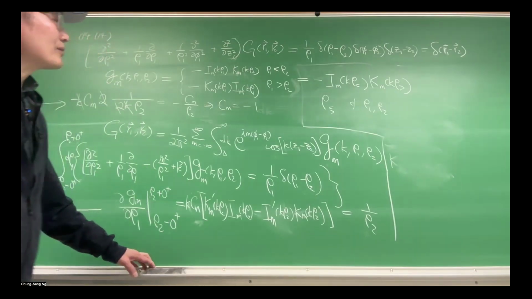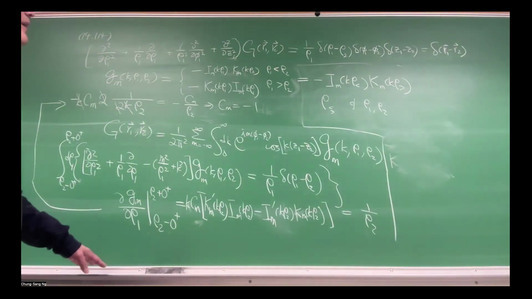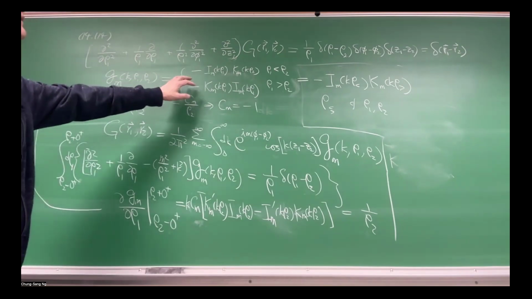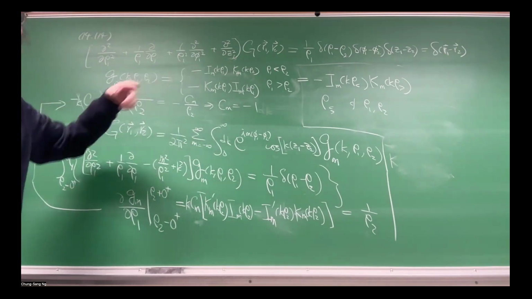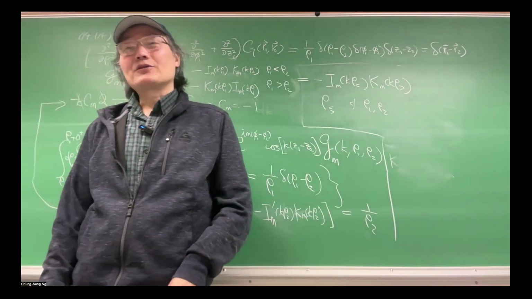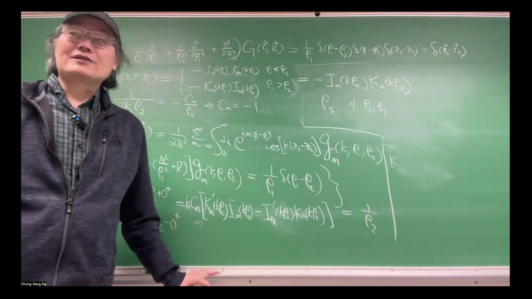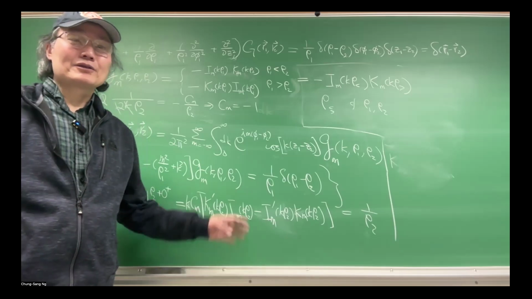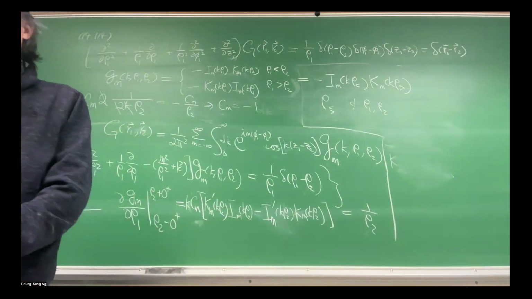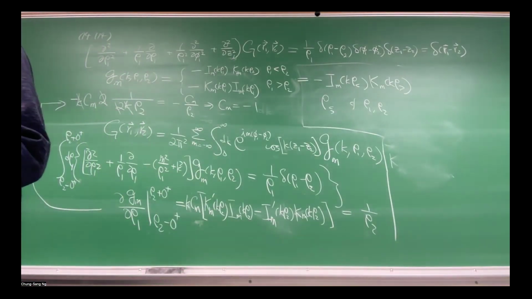So you can use a similar method. And the second thing to learn is how to choose which modified Bessel function to use. One is singular at the origin, the other is singular at infinity. So you need to use them accordingly. Okay, so that's this discussion.